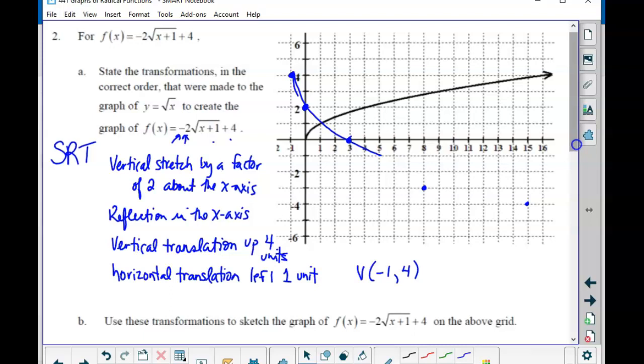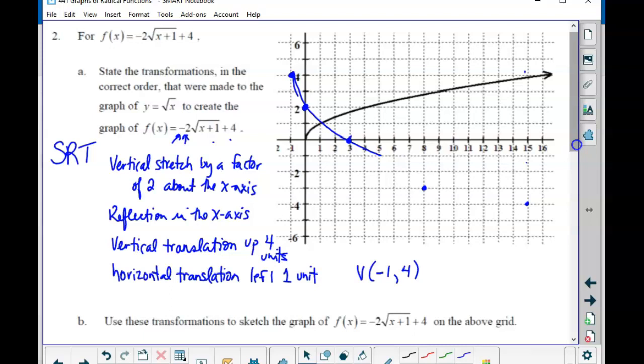Oh yeah, from the vertex. So here, 16 is normally 4. 4 times negative 2 is negative 8. So from here, 16 to the right would be here, and negative 8 would be 1, 2, 3, 4 down.